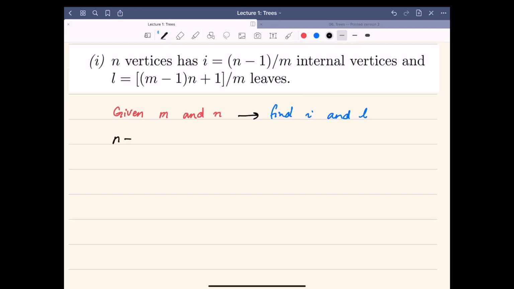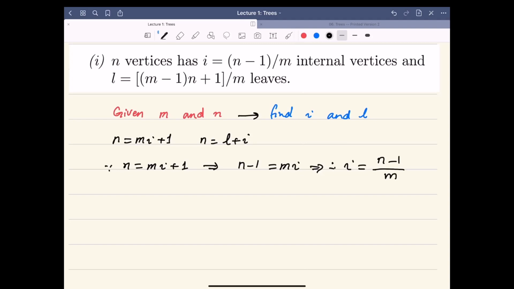It says n equal to mi plus 1, and also it says n is equal to L plus I. Now in this equation, see m is already here and n is already here. So you can find the value of I from this equation. Since n is equal to mi plus 1, then n minus 1 is equal to mi, and from here we say that I is equal to n minus 1 over m, and we have found the first equation.